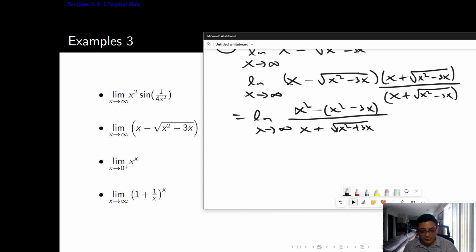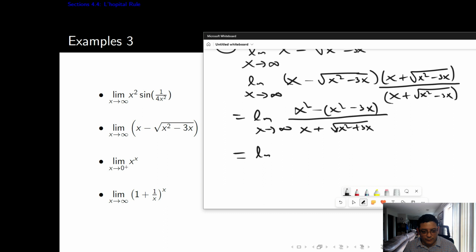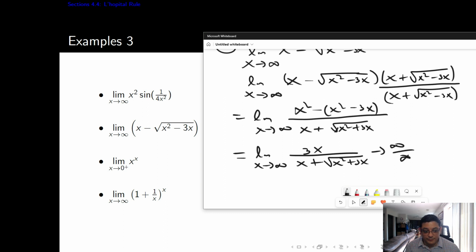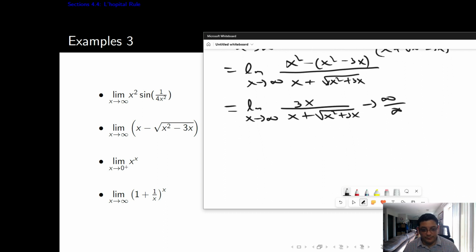I think this is still going to produce an indeterminate form of infinity over infinity, because here we're going to get x squared cancel with x squared, but we're going to have 3x on the top, and then we're going to have x plus the square root of x squared plus 3x. So this is still infinity over infinity. And now we can apply L'Hopital's rule here.